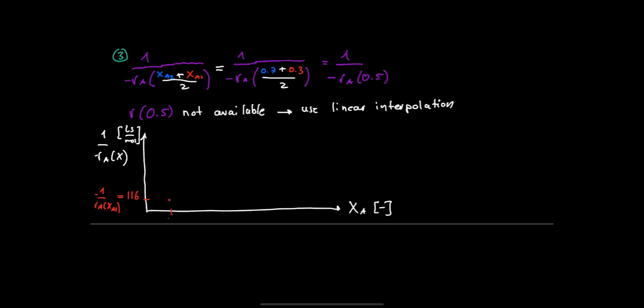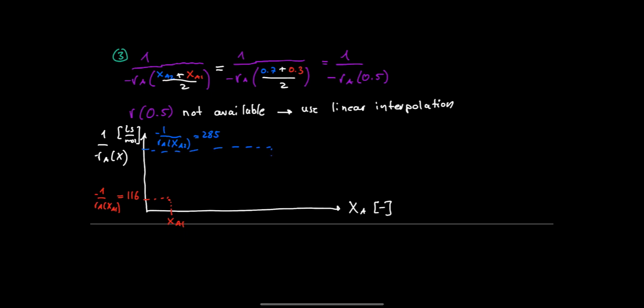So let's plot this dot in the graph. Here the x point would be conversion A1, and we have also determined negative 1 divided by RA as a function of the conversion A2, which was 285 liter seconds per mole.